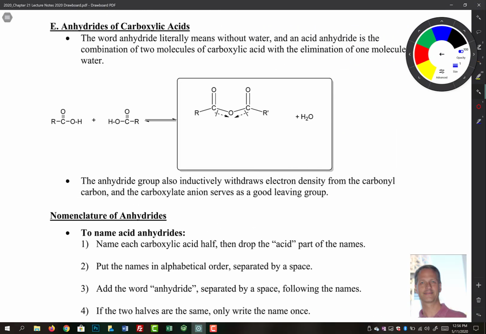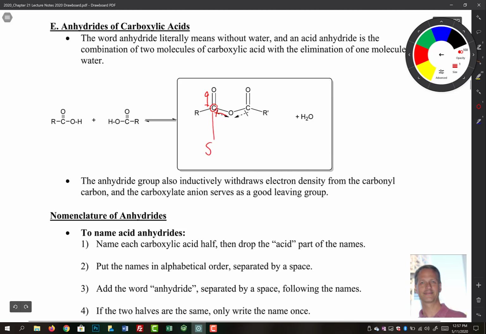Well, anhydrides of carboxylic acids can be synthesized a variety of ways. So we'll find out soon that most easily they're made by reacting a carboxylic acid with an acid chloride. Nonetheless, in the end, what we end up getting is a structure that looks like this. This is the functional group of the anhydride. So it pulls a dipole in 2 directions here.